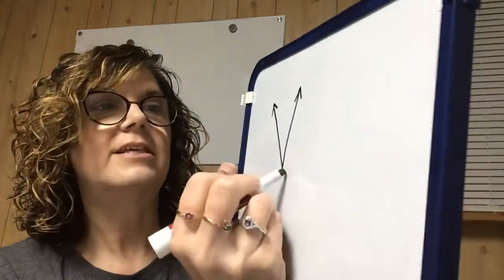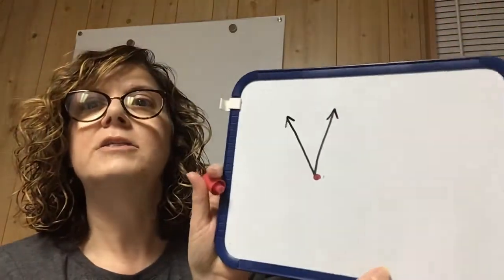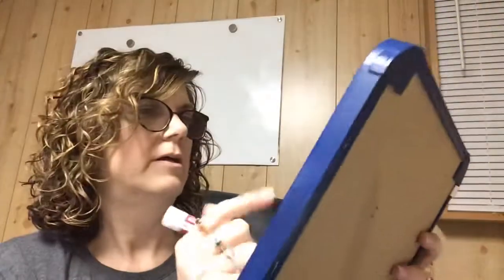All right, so the first one they have is 2 rays sharing a common endpoint. And when you see that common endpoint, they're wanting you to do the dot for it like this. Take your red and make a red dot where they are together.